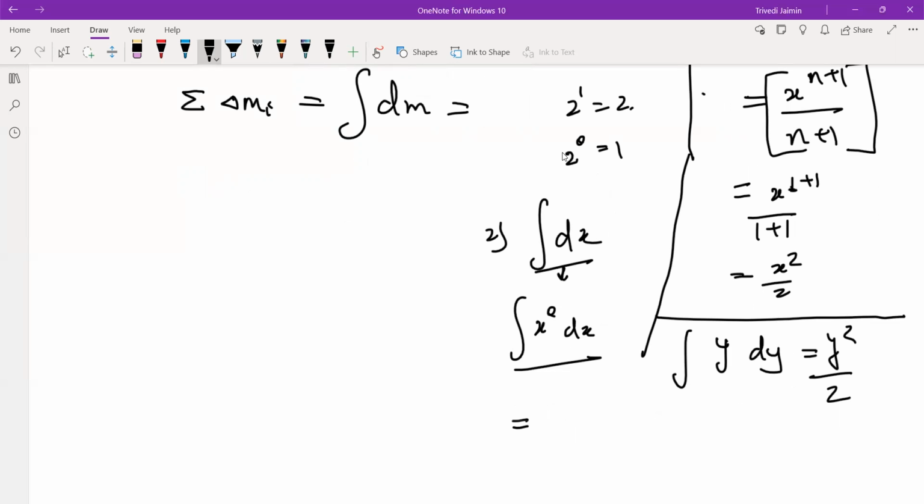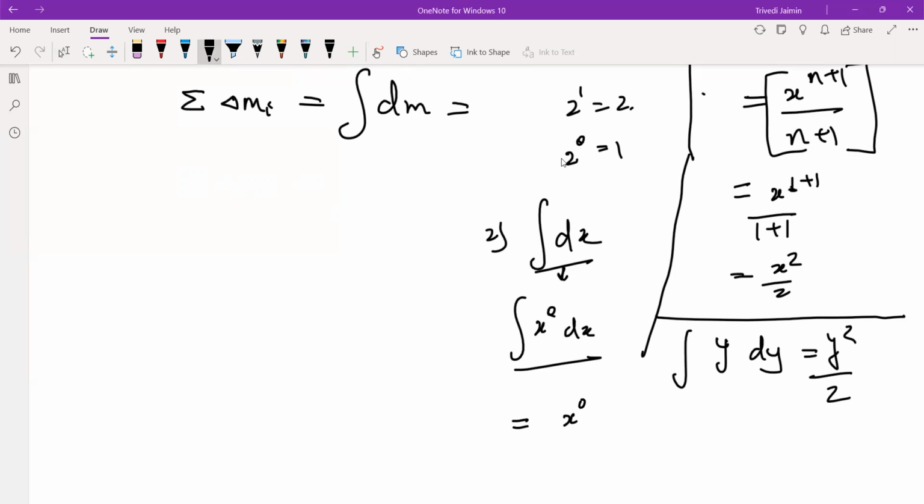Integration of x to power 0 dx. What will you get? Think. X only, sir. Obviously x only.